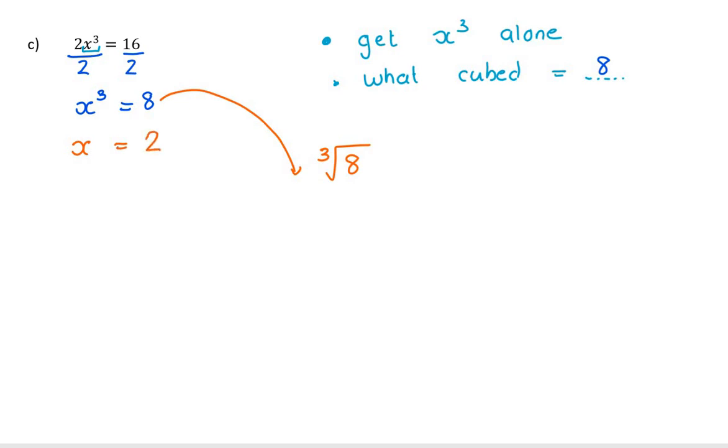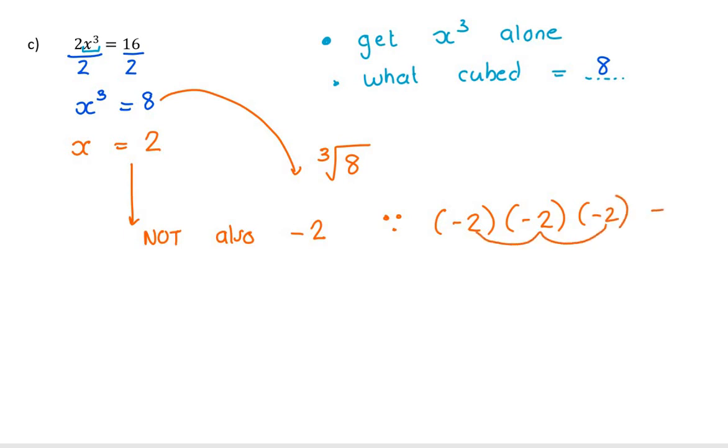Now I'm tempted to say, oh gosh, is it negative 2 as well? Because with the squaring, we said, oh gosh, no, it's not only positive, it's also negative. Now, why is this not also negative 2? So this only has one answer, and that's because if you have negative 2 times negative 2 times negative 2, the 2 times the 2 times the 2 absolutely gives you 8. But a negative times a negative is a positive, times a negative is a negative.